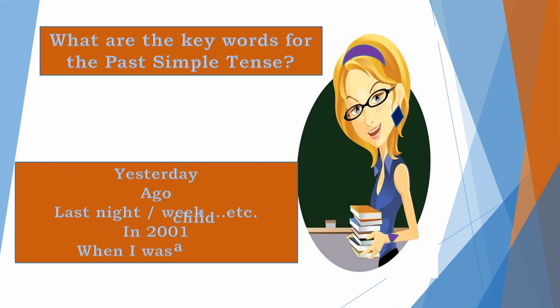We have another term when we say when I was a child. This indicates that I'm not a child anymore, and you see here was is the past. You can also say when I was in college, when I was in school, anything that shows indication that this is the past simple tense or an action or specific time in the past.